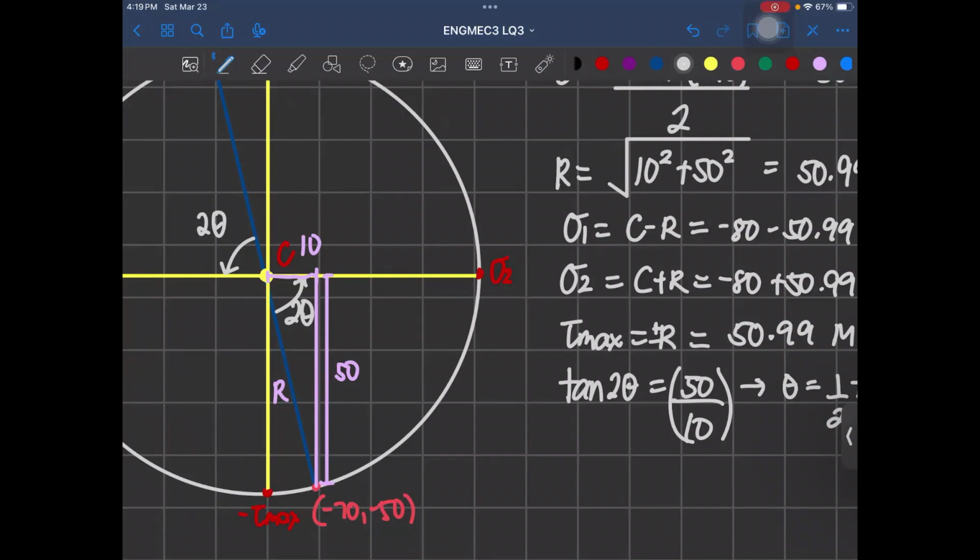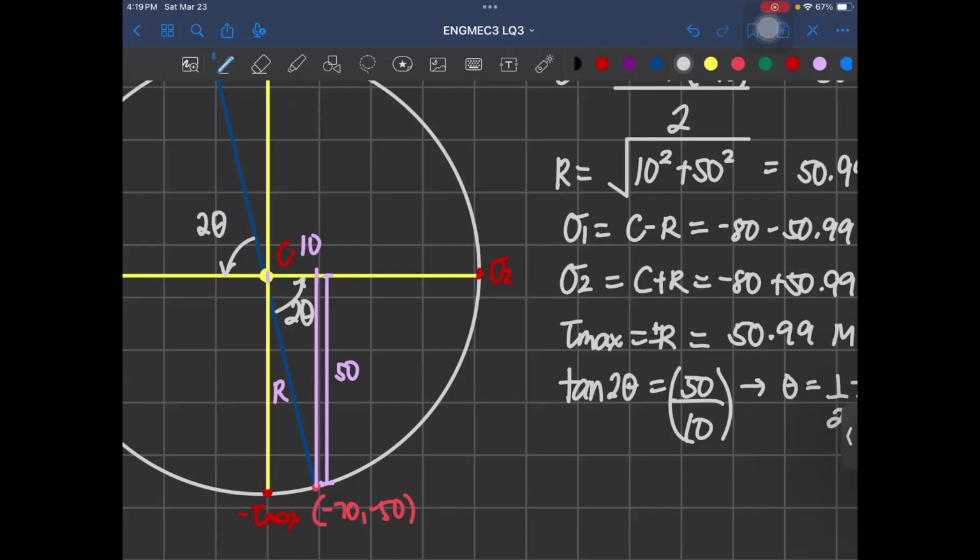So here, the principal plane is counterclockwise. Wait. It has to move counterclockwise to reach the principal plane from the original stress state that was given.